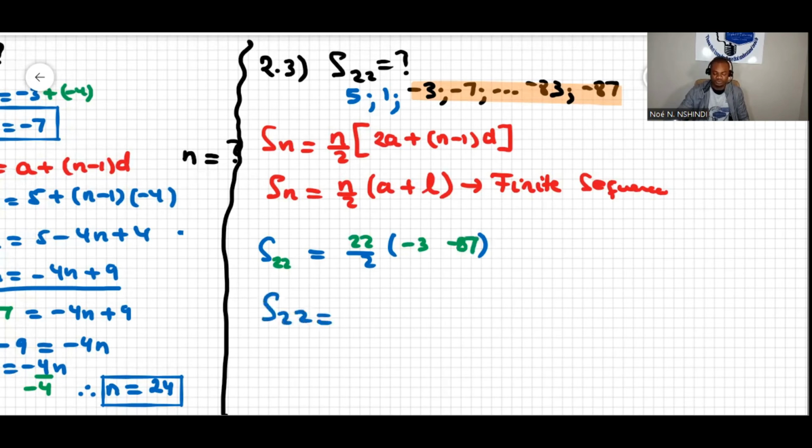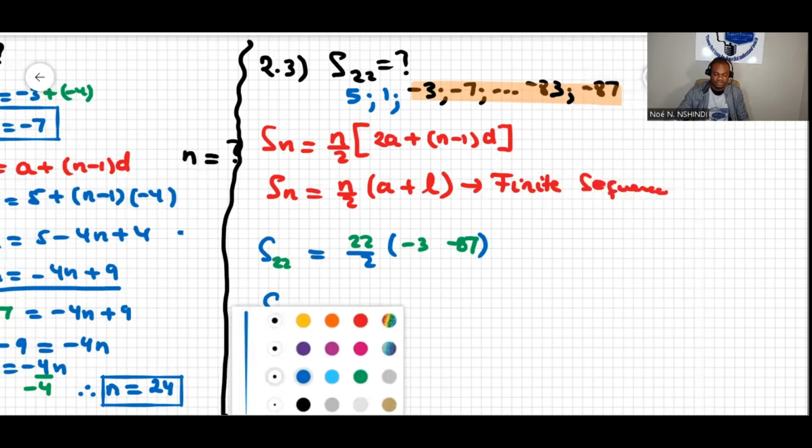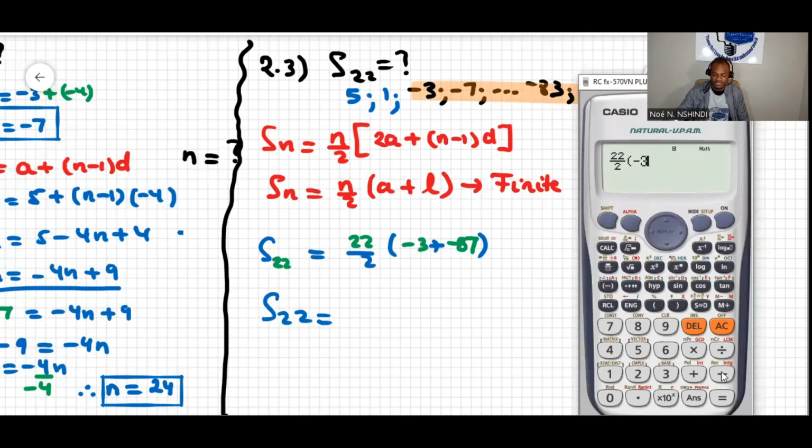So now we can use a calculator. S22 will be equal to 22 divided by 2, and then open bracket. The first term is -3, and the last term is plus -87, which is just negative, so -87 here.